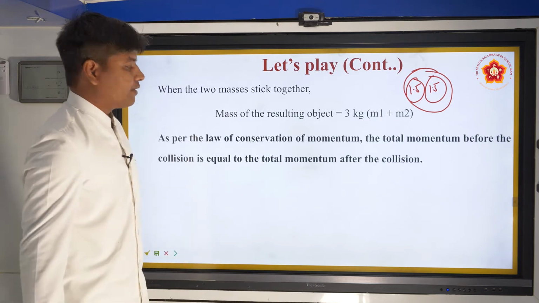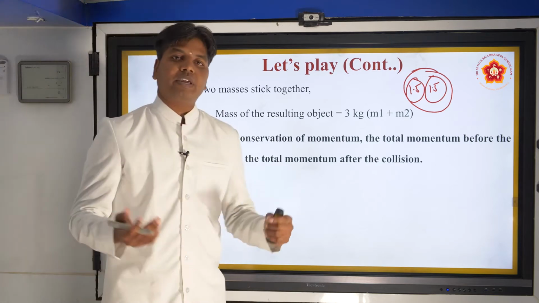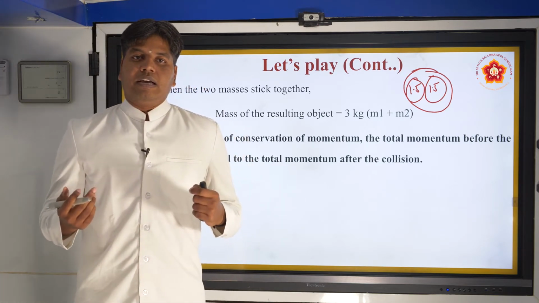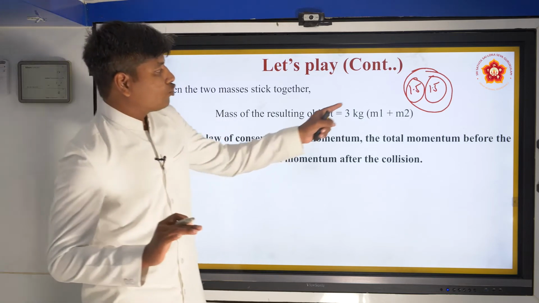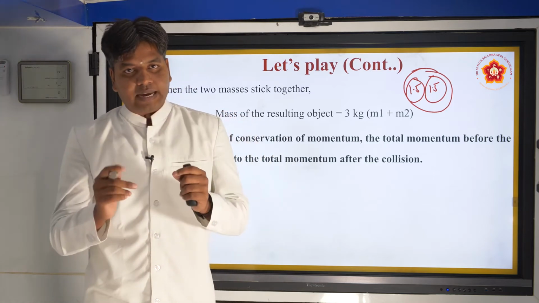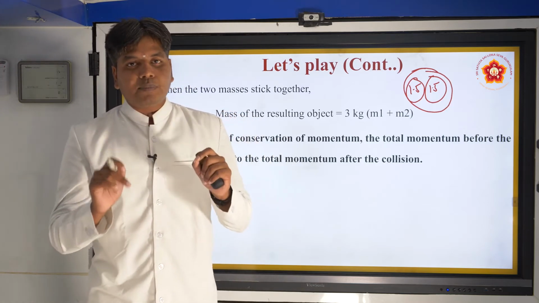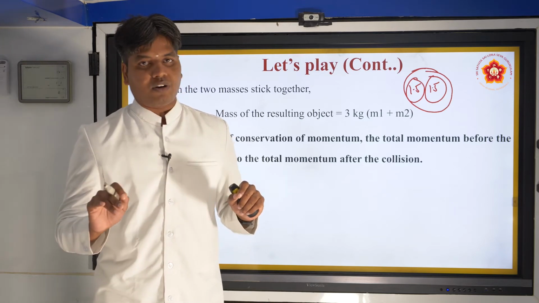As per the law of conservation of momentum, what we discussed, the momentum of the system should not change. If these two bodies become one system, then before collision and after collision, the total momentum of the system should not change. That is the law.